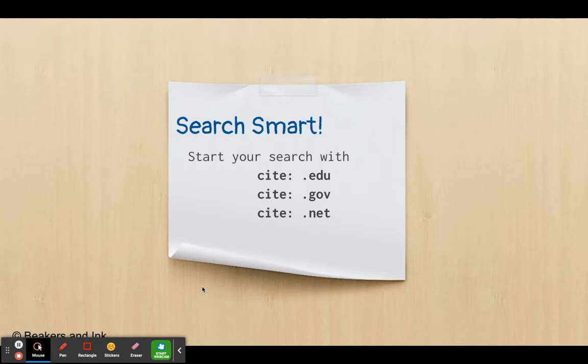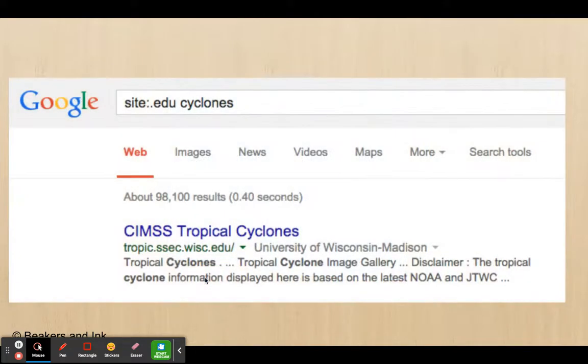Now, search smart. There's a way to actually really narrow down your searches. So you can start your search with site:.edu, site:.gov, or site:.net. So let's say I was doing an experiment based around cyclones, and I wanted to find out the science behind cyclones. I could type in site:.edu, and then I type in my topic.